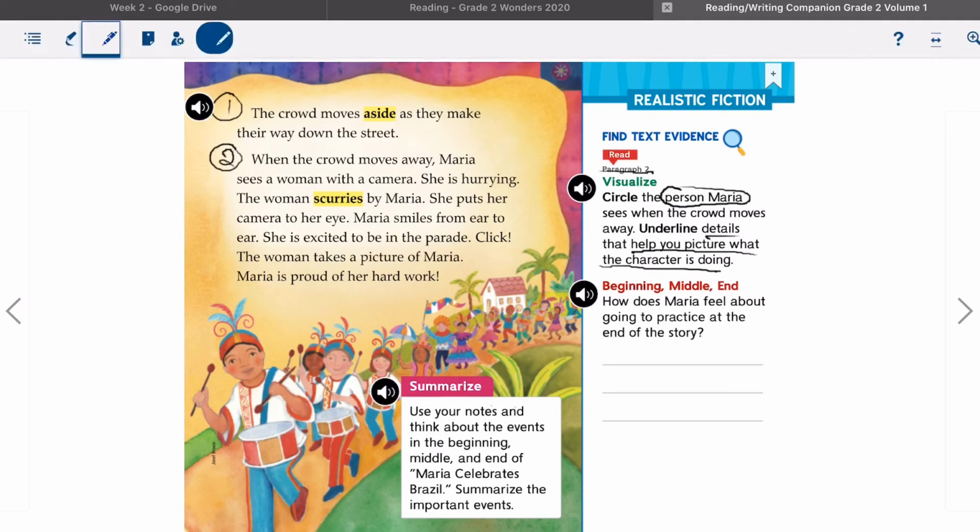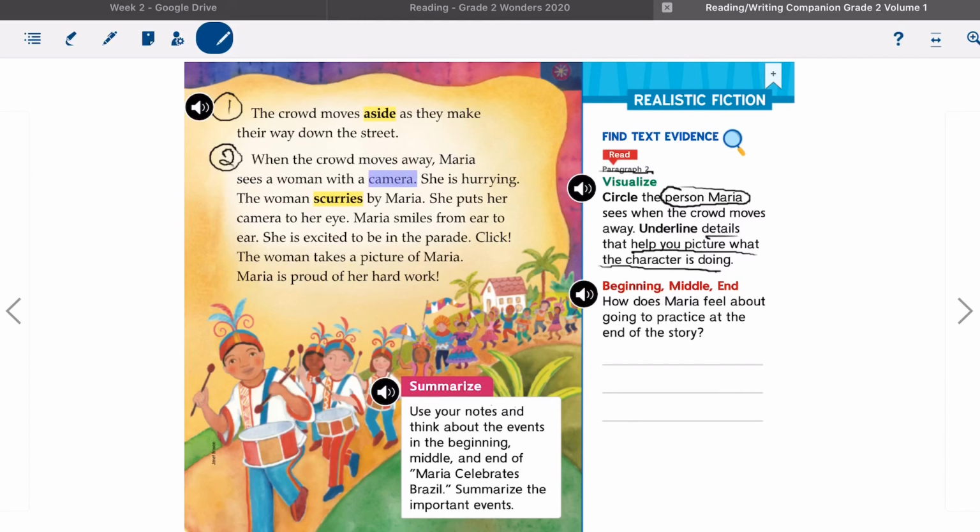Turn off my pen. Let's start reading. The crowd moves aside as they make their way down the street. When the crowd moves away, Maria sees a woman with a camera.